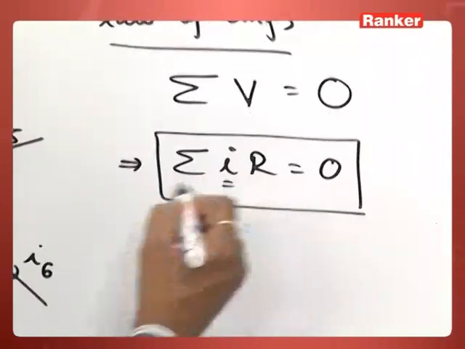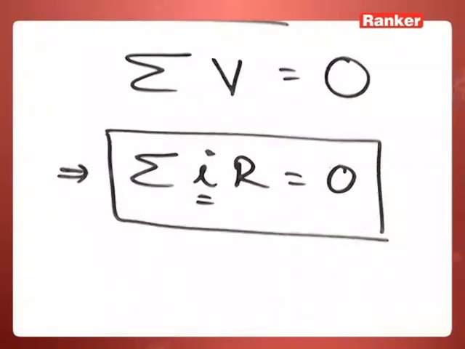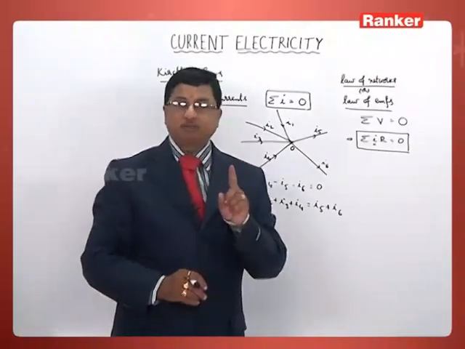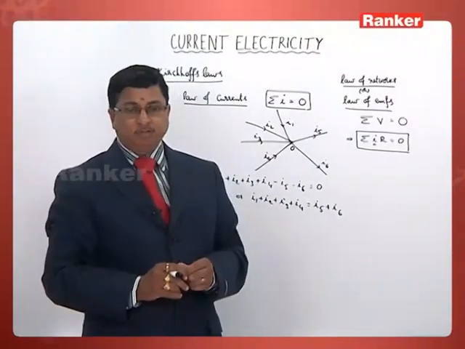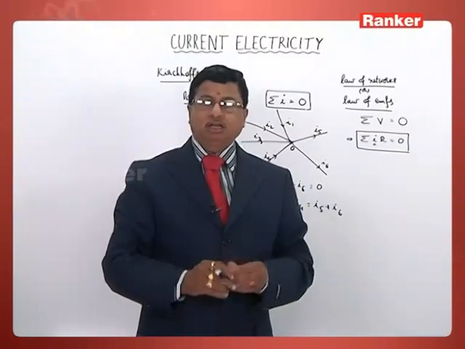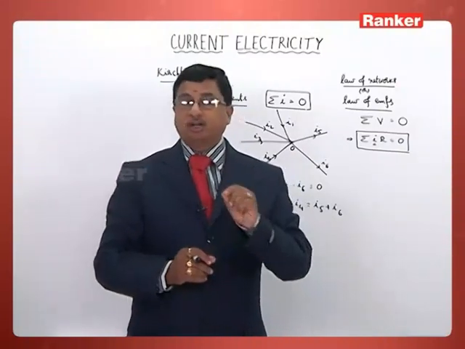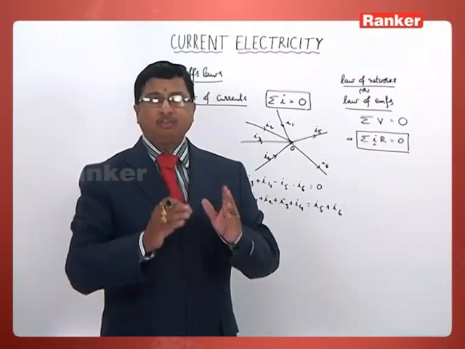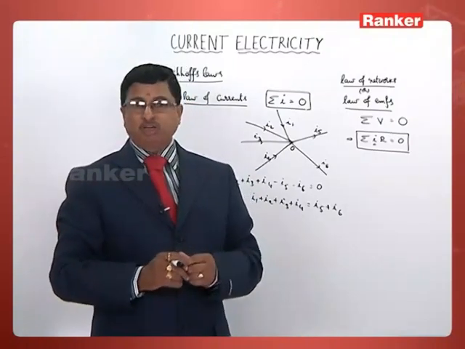Now while taking up this equation, how to consider the direction of current matters. In fact, a conventional sign for current is to be taken up. What is the convention we follow generally?